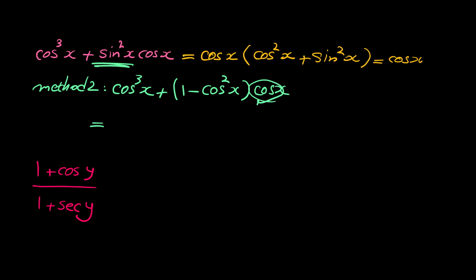Now multiply this cosine x into the bracket to see what happens. Then we have cosine to the 3x plus cosine x minus cosine to the 3x. If you multiply cosine into the bracket, you get this. Now attention, this cancels with this, and the final answer is cosine x.